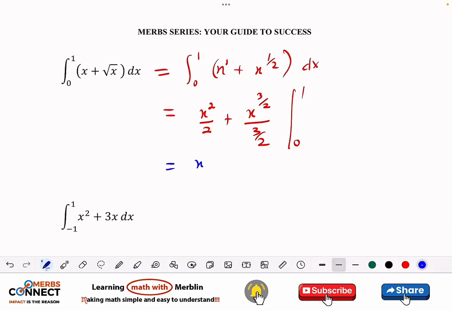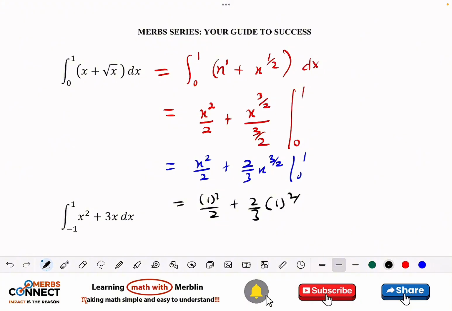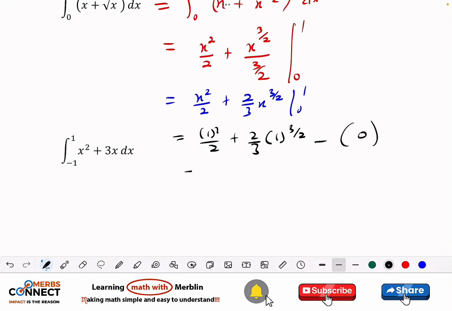So this is going to give us x squared divided by 2 plus 2 on 3 x to the 3 on 2, from 0 to 1. So plug in 1, plug in 0. When I plug in 1, I get 1 squared divided by 2 plus 2 over 3 times 1 to the 3 over 2, minus, when I plug in 0, I'm going to have 0. So I'm going to have 1 over 2 plus 2 over 3.